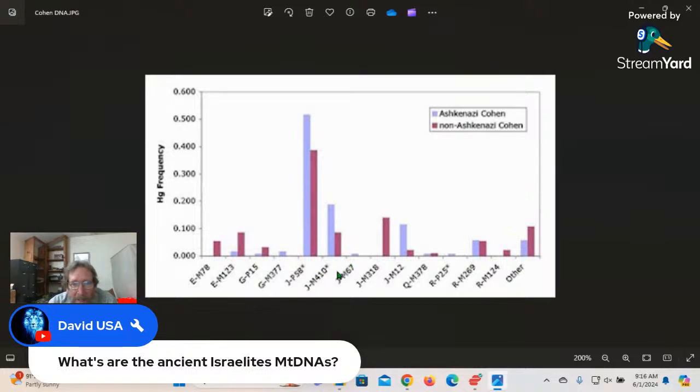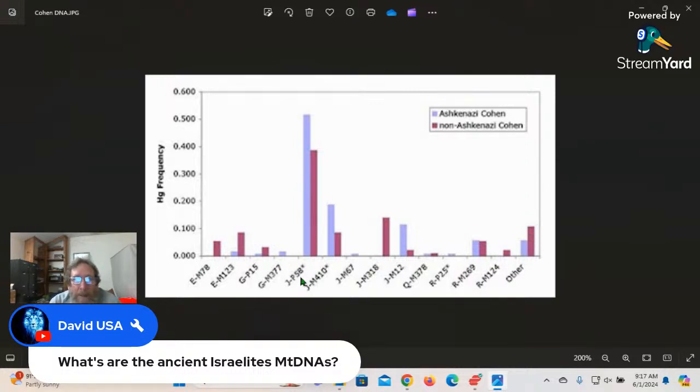Then you have the other J lineages, Q lineage, which is the Medes in the Jewish population. R, very low, R, still low, and other haplogroups, not even close.